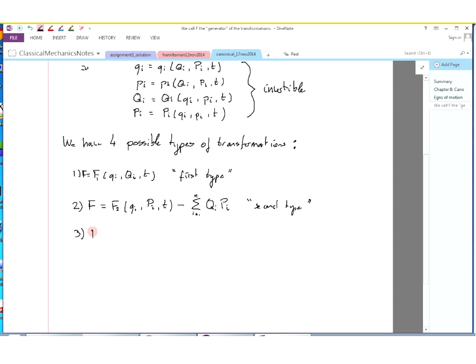The third type is if f equals some function f3 of the little pi's, the capital Qi's, and t, plus the sum from i equals 1 to n of little pi qi, and that's the third type.